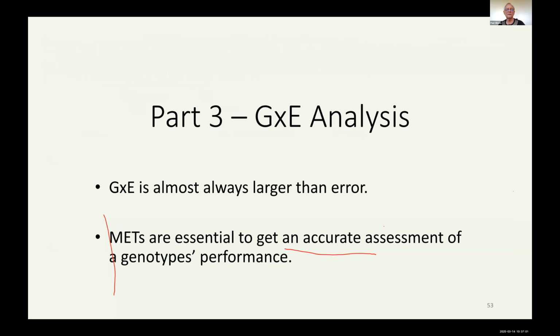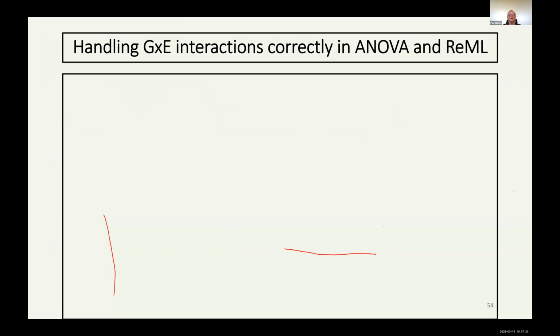Now, final major portion, G by E is a very important element of our research. G by E is almost always larger than our pooled error, and multi-environment trials are essential to get accurate estimates.